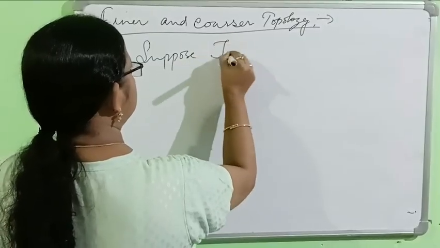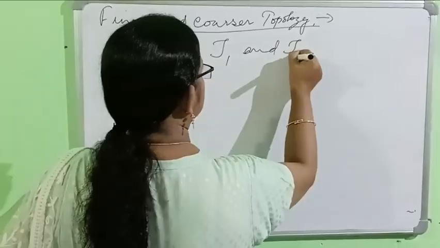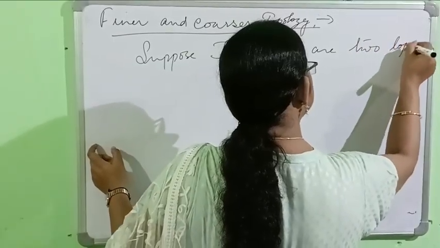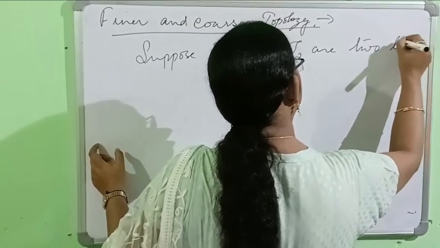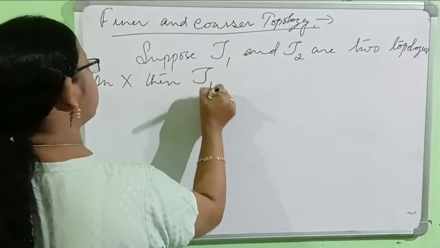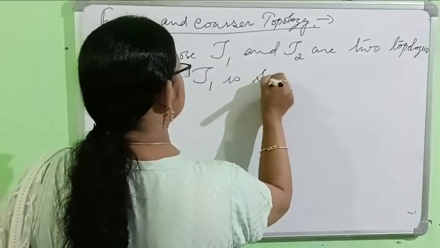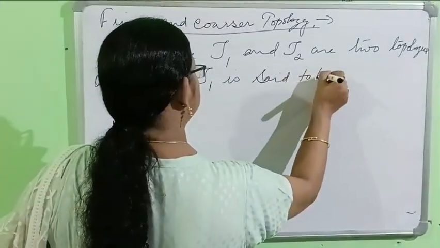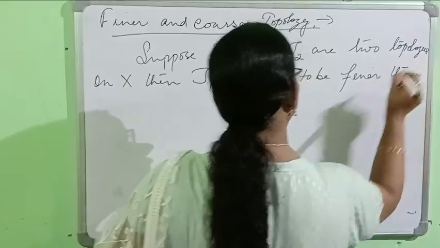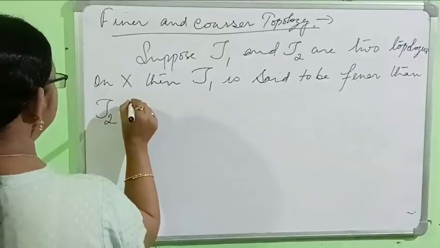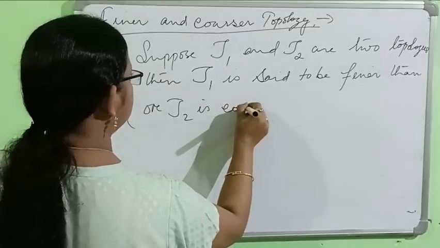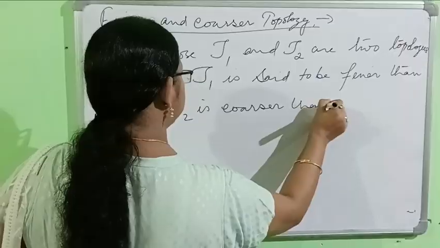T1 and T2 are two topologies on X, then T1 is said to be finer than T2, or within brackets, T2 is coarser than T1.